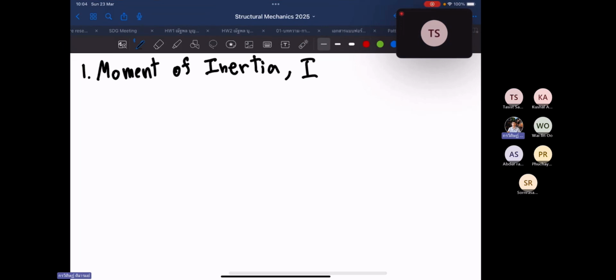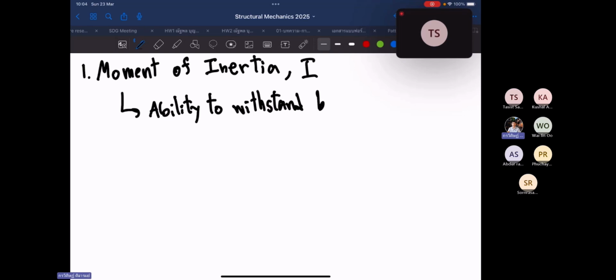The first topic is the moment of inertia. This one tells us how much is the capability of a section to resist moment. Okay. Ability to withstand bending moment.